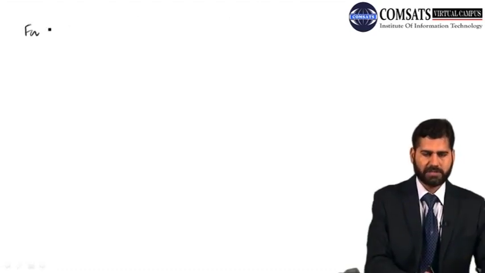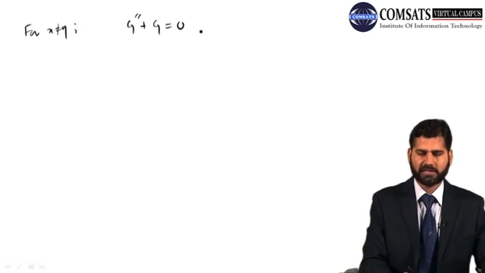So for x not equal to eta, our g should satisfy this equation. From here it's clear that the auxiliary equation gives you the roots m squared plus 1 equal to 0, so m will be equal to plus minus iota.